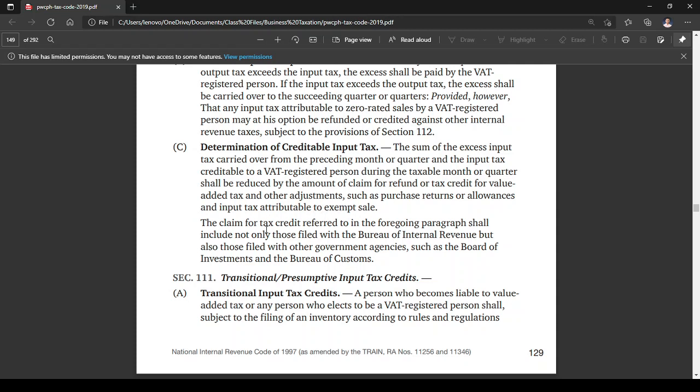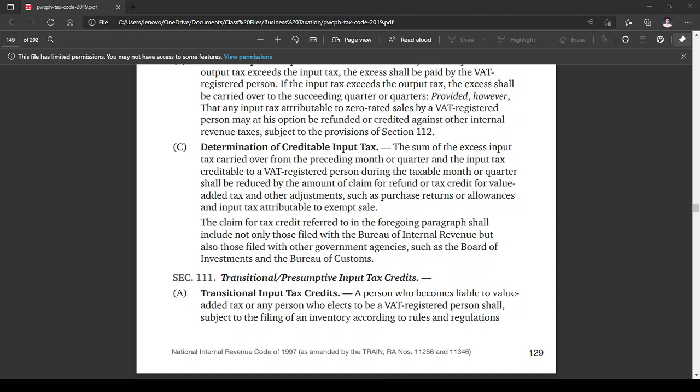The claim for tax credit referred to in the foregoing paragraph shall include not only those filed with the Bureau of Internal Revenue but also those filed with other government agencies such as the Board of Investment and the Bureau of Customs.